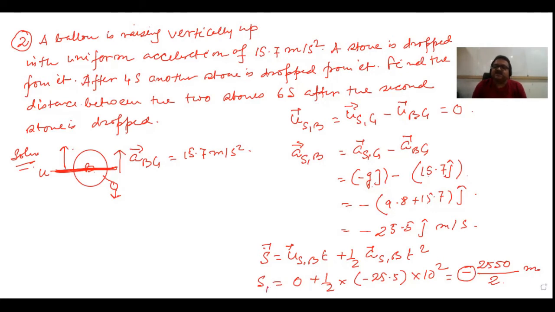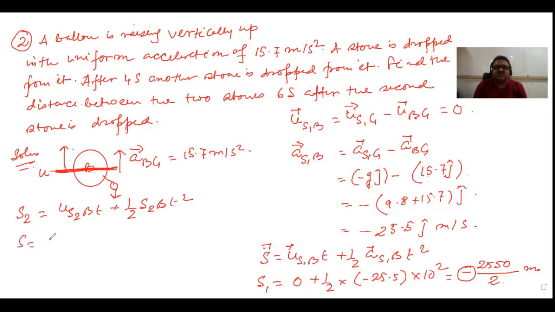And if I apply the same result for the second stone, s2 is equal to u t plus half a t square.